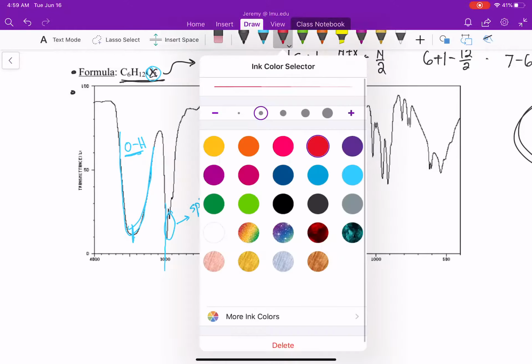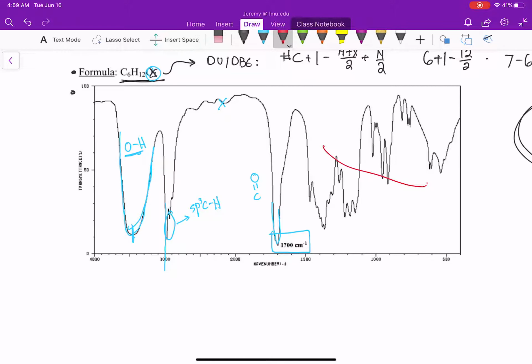As we get below 1450, we can basically ignore the rest. So we know that we have alkyl groups, we know that we have an alcohol, and because there are only 2 oxygens here, this needs to be a ketone.